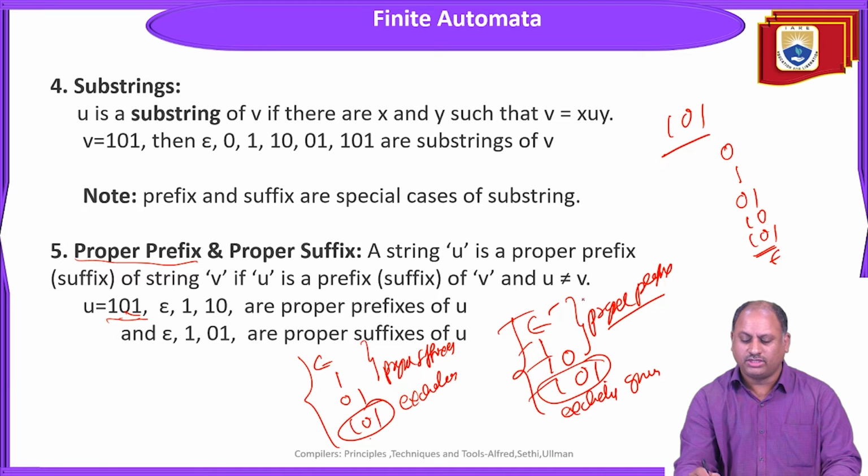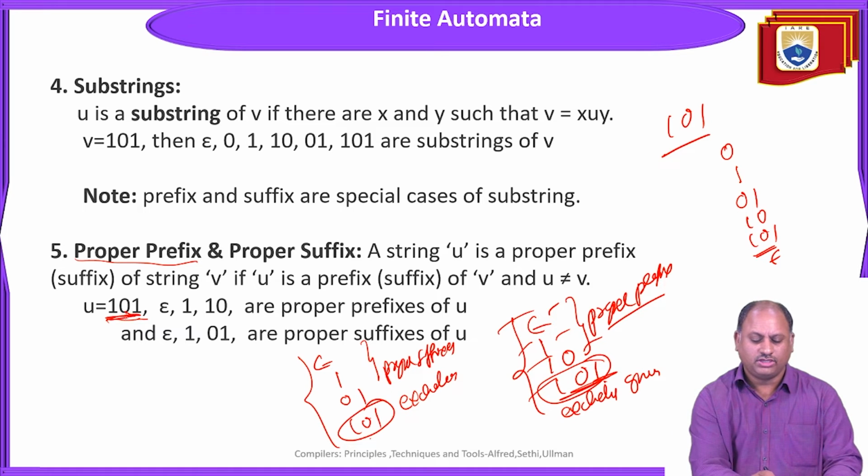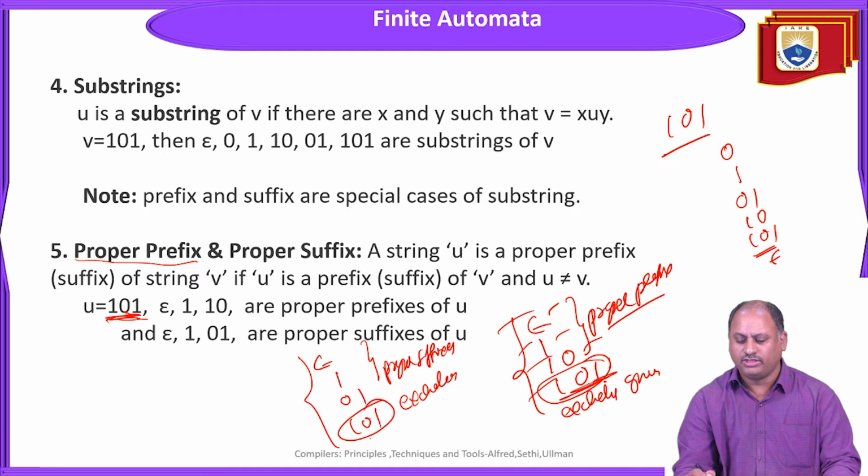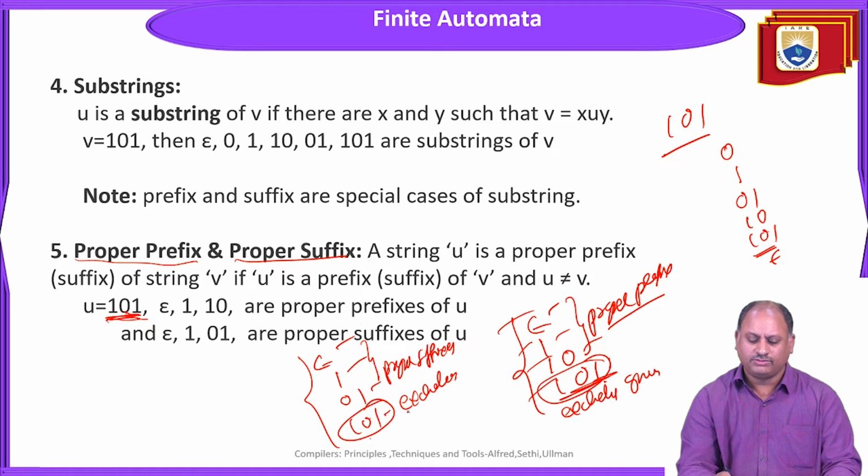Epsilon, 1, and 10 are not the given string, but 101 is the given string, so that is eliminated. Similarly for proper suffixes: epsilon, 1, and 01 are proper suffix values, whereas 101 is also a suffix, but for proper suffix we exclude the given string, 101. That is called a proper suffix.